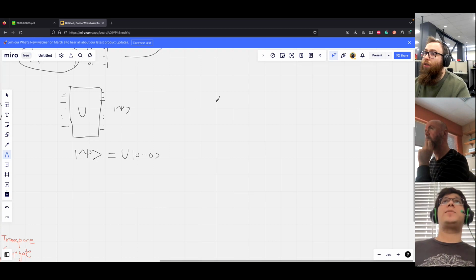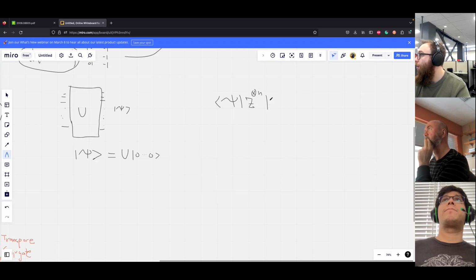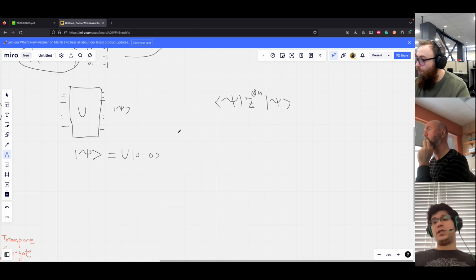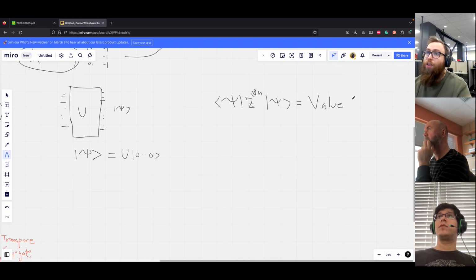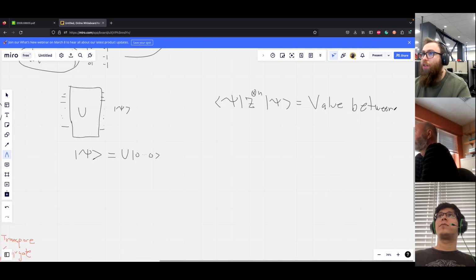And then I want to measure the expected value of psi on this C tensor to the number of qubits. This gets more and more complicated to do if you have more qubits. But one thing we know is that this is a value between -1 and 1.